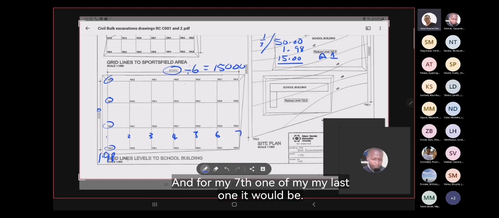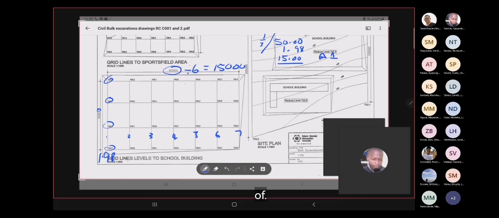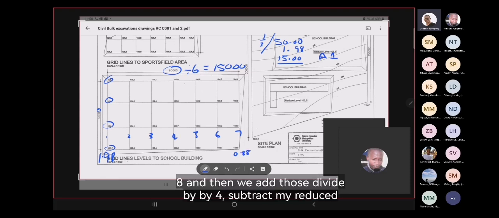And for my seventh one, or my last one, it would be adding all of those together and getting an average depth of 0.88, whereby we add those, divide by 4, and subtract my reduced level of 102.5 from that, which gives me 0.88.